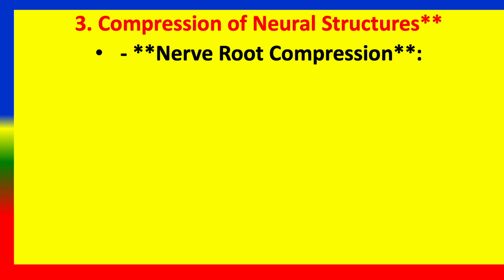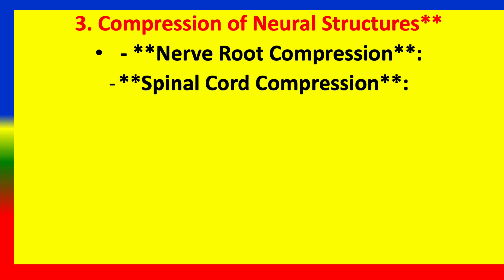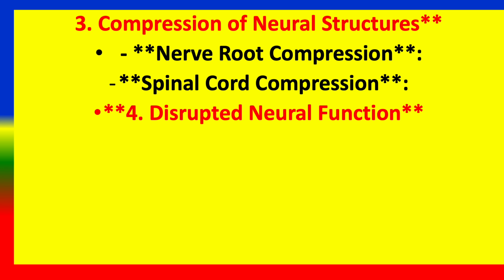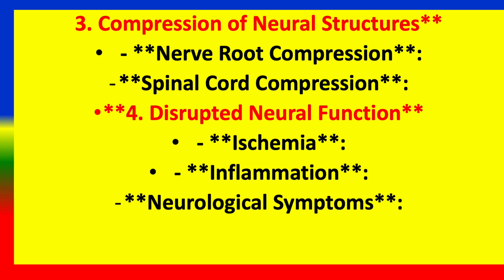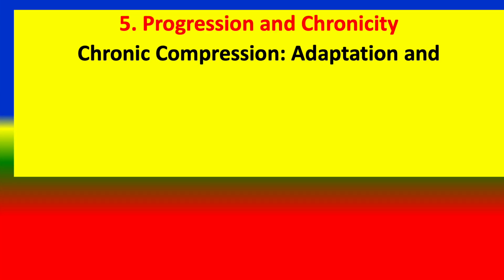Compression of neural structures: nerve root compression, spinal cord compression. 4. Disrupted neural function: ischemia, inflammation, neurological symptoms. 5. Progression and chronicity: chronic compression, adaptation and compensation.